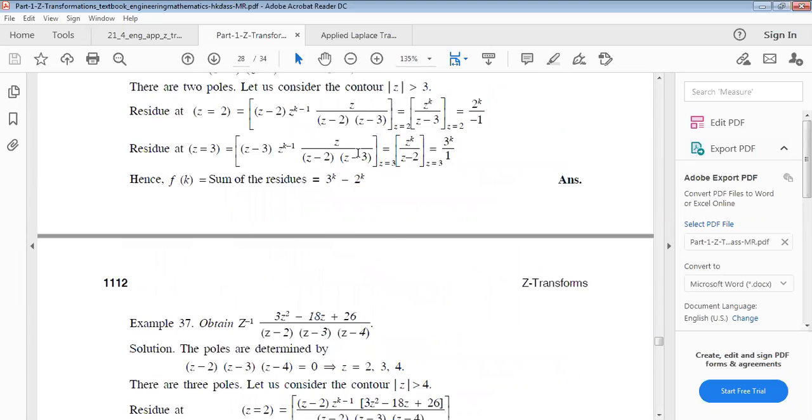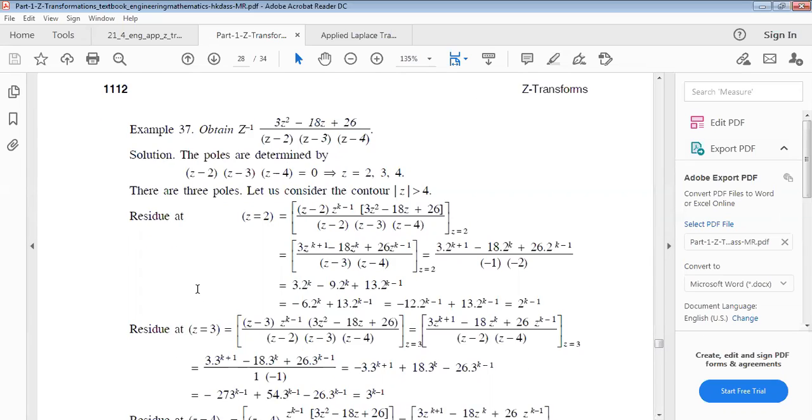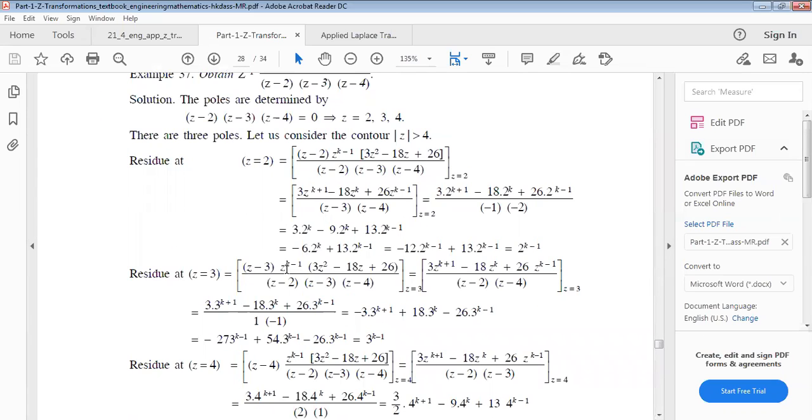Okay, for z equals 3 it will be (z minus 3) z to the power k minus 1, the whole function. Z minus 3 will be cancelled, only z minus 2 and z minus 4 remain at z equals 3. Now putting z equals 3 in each term of the numerator and denominator, we get this sequence, only 3 to the power k, just taking subtraction and addition.